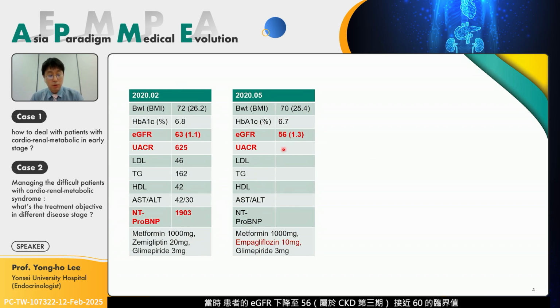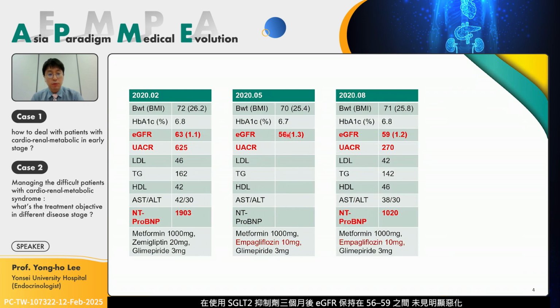At the time when I introduced empagliflozin to him, the GFR was 56, under 60, CKD stage 3. After 3 months of using the SGLT2 inhibitor, hopefully his GFR was maintained at 56 to 59. I didn't check 3 months earlier, but at 6 months, albuminuria level, which was over 600, came down to 270, which is much improved.